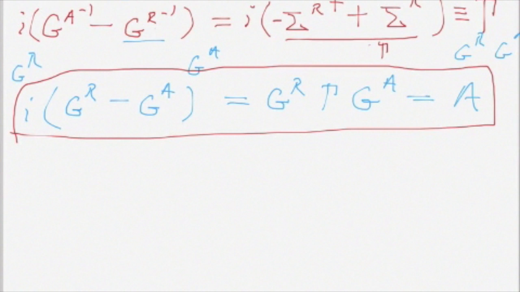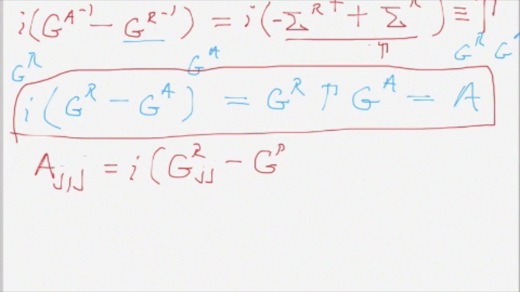And if you only want the diagonal elements of the spectral function, which is what you need to get the electron density, then A_JJ is just equal to i times (G^R_JJ minus G^R*_JJ), right? Because G^A is G^R dagger, and we're looking at the diagonal elements.